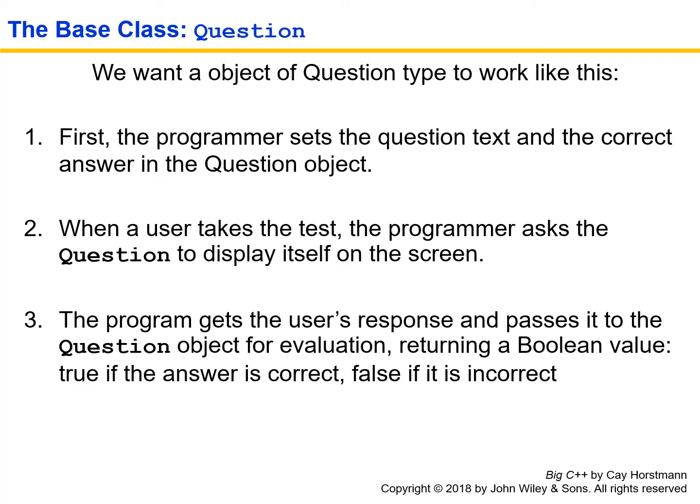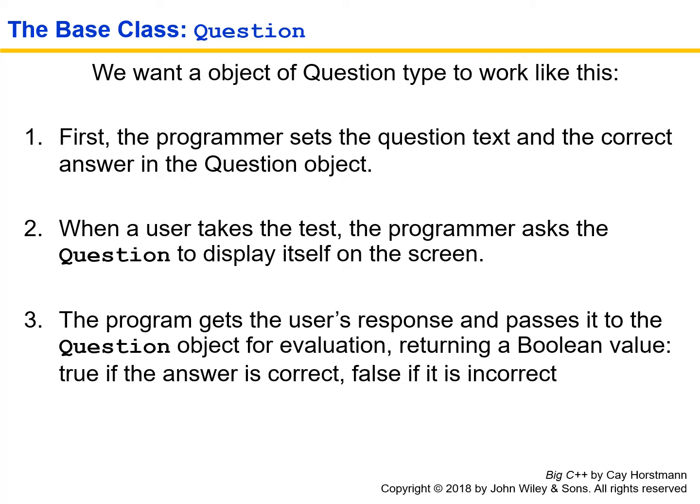Ideally, we'd like a question object to read a question from a file and interpret the question text and the correct answer so that we could have multiple different quizzes that the same program could work with. But for this example, we're going to go with the simple way of having the whole question hard-coded in the program itself.